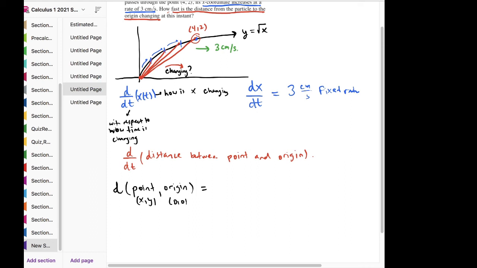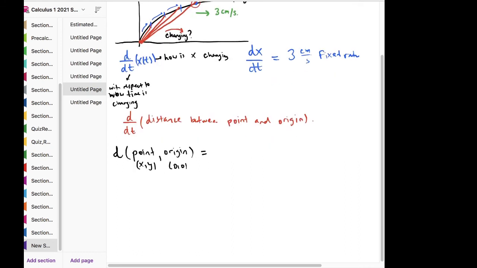So the distance is the square root of (x1 minus x0) squared plus (y1 minus y0) squared. Here x0 and y0 are 0, 0.